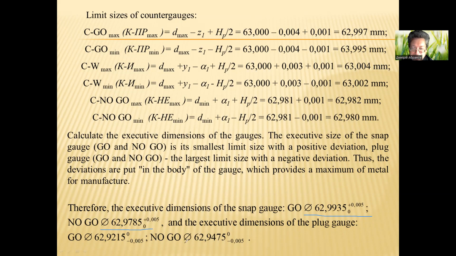And no-go side, diameter 62.9475, upper limit deviation 0, lower limit deviation minus 0.005. So write down to your notes these formulas and executive dimensions of the snap gauge and of the plug gauge.